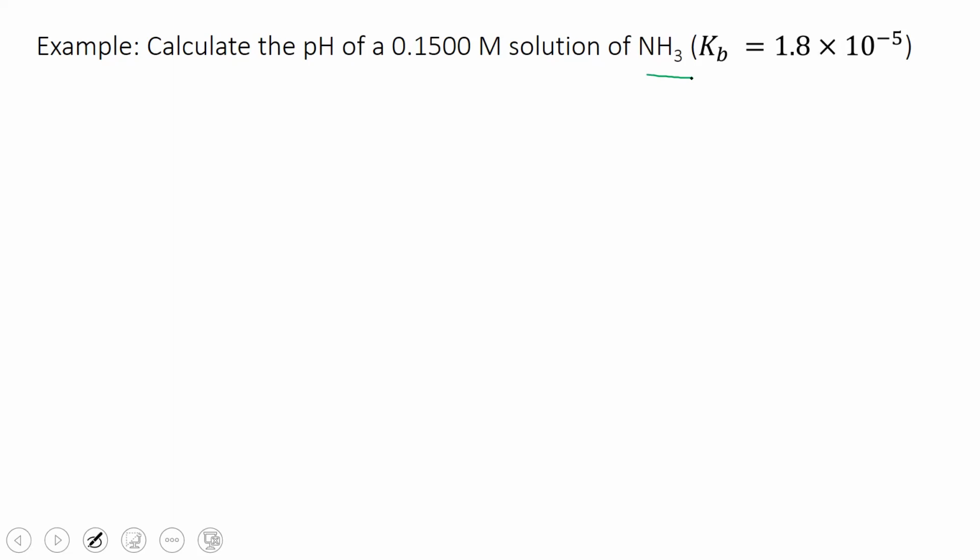So the first thing we should always do is write out the chemical equation and along with that, the Kb and the icebox. So here we can say ammonia plus water reacts to form ammonium plus hydroxide.